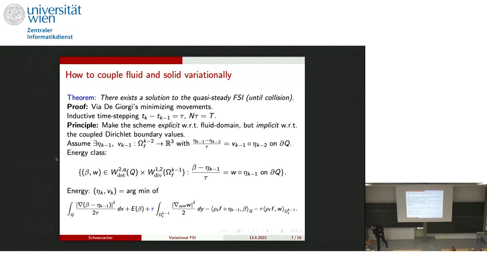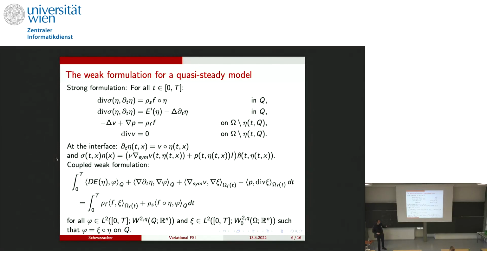Okay, but here is now the method, Barbara's trick, I would say. And the trick was, okay, here's the minimization now for the quasi-steady setting. So we are in the quasi-steady. This means, philosophically speaking, we are in a parabolic setting. So a gradient flow could do the job here.